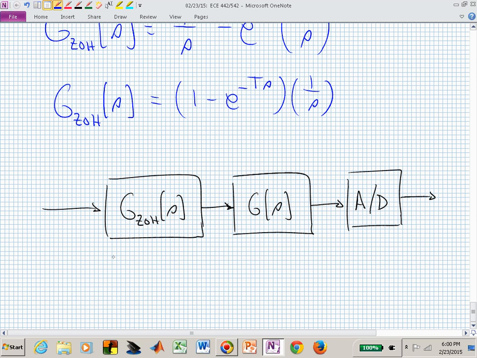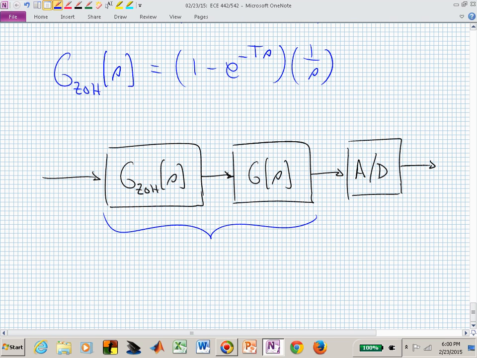What we will now look at is how do we start analyzing or creating a capital G of Z based on this combination of the dynamics of the zero order hold and the dynamics of the plant, where I'm going to call that combination the product of 1 minus e to the minus ts over s times G of s.